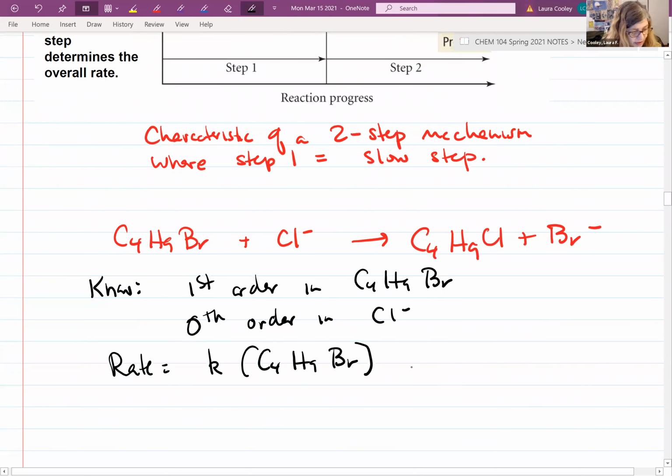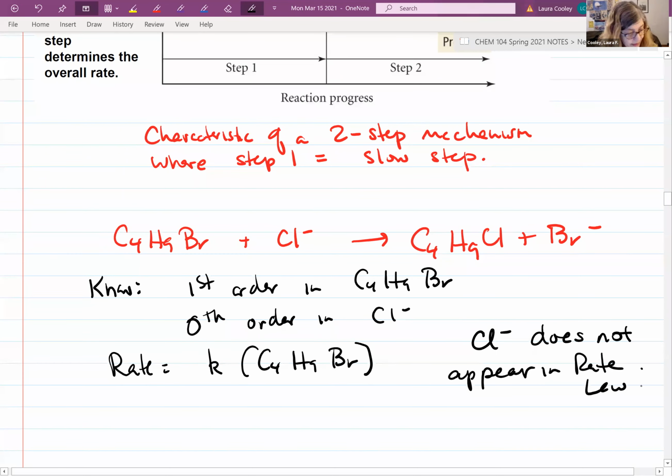So you will notice that there is no chlorine at all in this rate law. Cl minus does not appear in the rate law expression at all. So why is that?